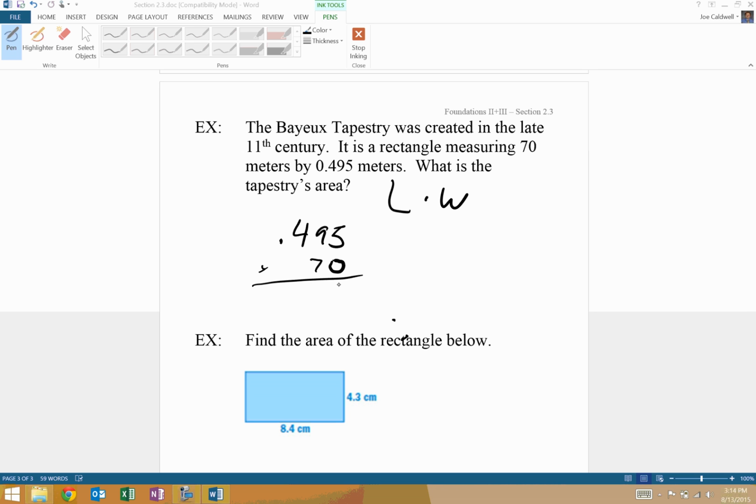Remember, drop down a row, add a 0. 7 times 5 is 35. Carry the 3. 7 times 9 is 63. Plus 3 is going to be 66. 7 times 4 is 28. Plus the 6, 34.